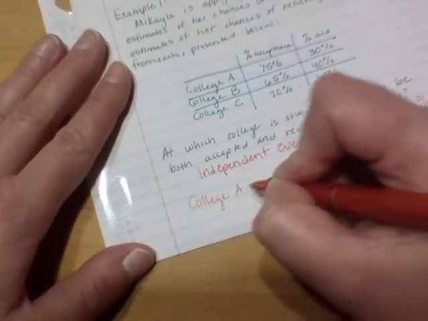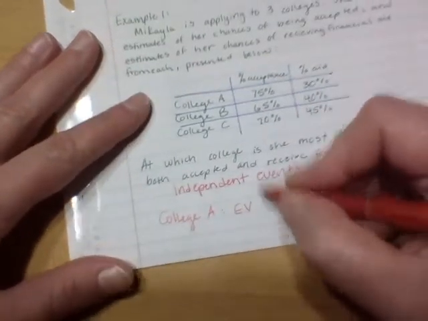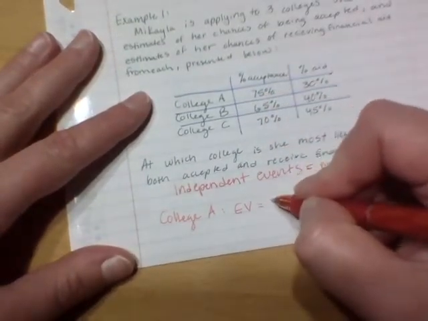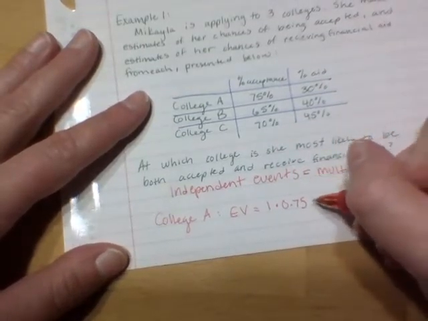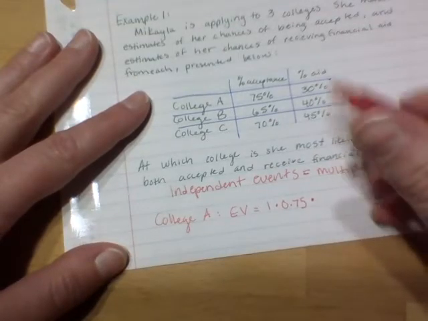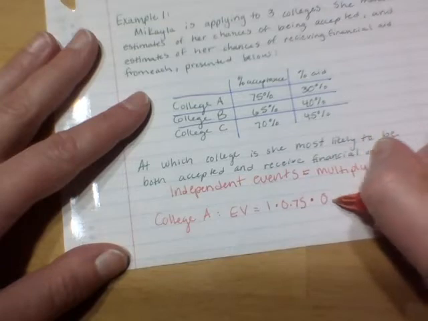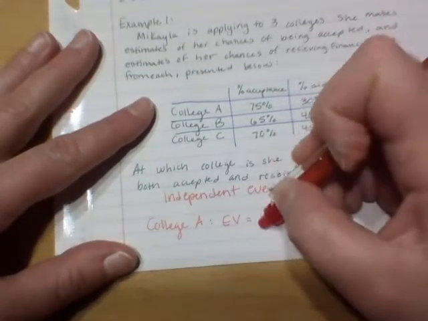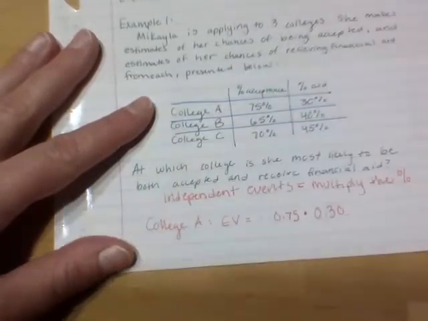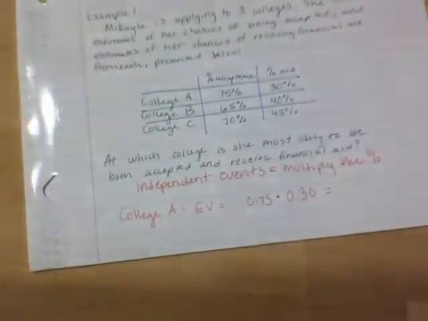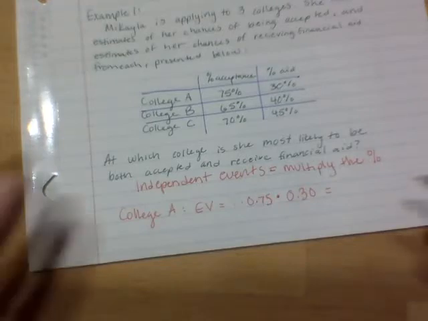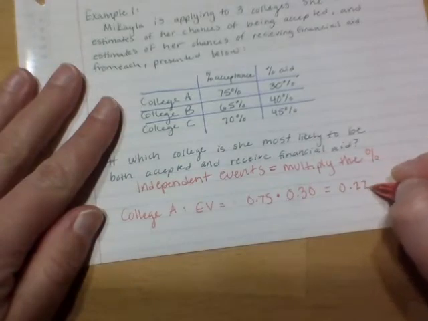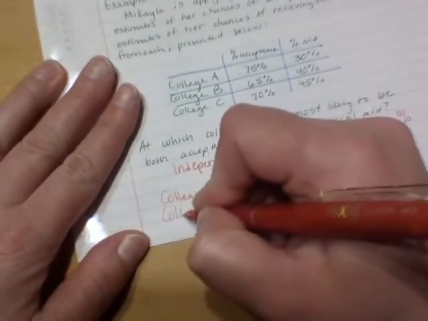So for college A, the expected value is technically 1 times 75%, but that's just 75%, and then we multiply that by the probability of 0.3. You don't really need the 1 because it's not going to change much. So the expected value of college A is 0.75 times 0.3, so 0.225.